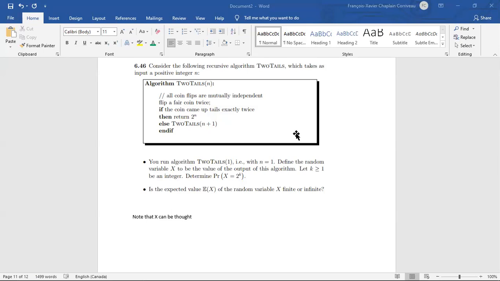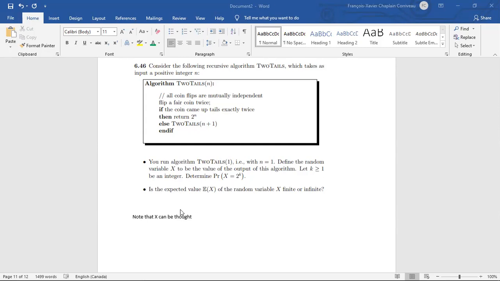Yes, exactly. So in a binomial distribution, you have a fixed amount of trials, and you're counting the number of successes in those trials. Whereas a geometric distribution, you keep doing something until the first success.